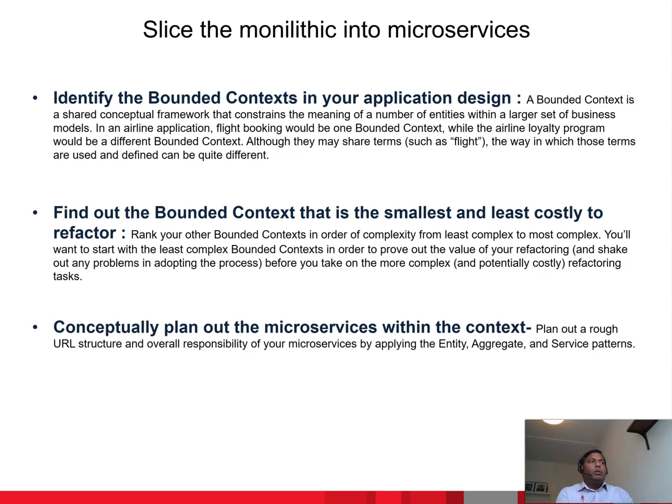And then conceptually plan out the microservices design. Draft your microservices design, come up with a rough resource URL structure, and come up with the dependencies and responsibilities of that microservice when we do the mapping with the entities, aggregates, and service patterns.